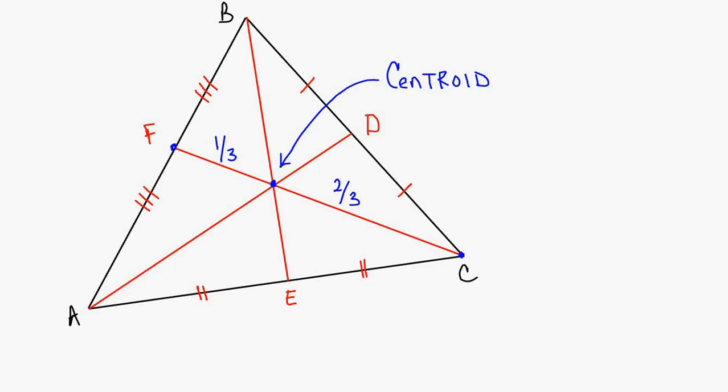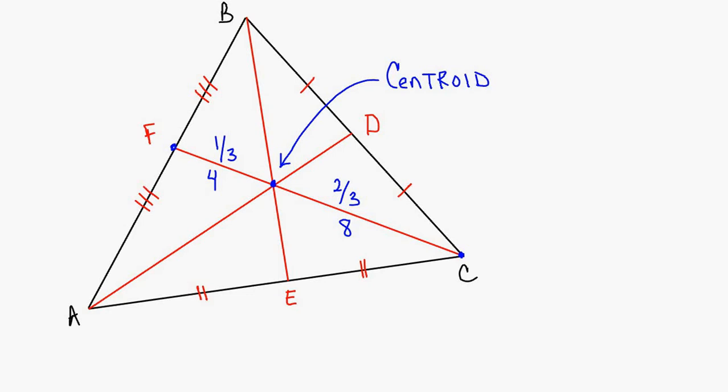All right, so look, if this piece right here was 4, the 2/3 piece is twice as big as the 1/3 piece, isn't it? Right. So if that piece is 4, then this one's 8. And how far is F to C? 12. F to C is 12, right?